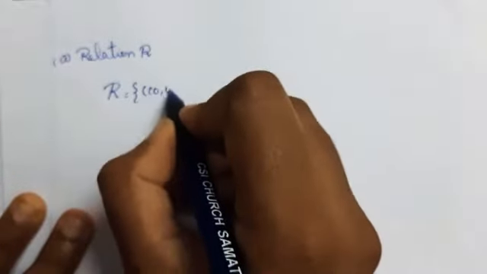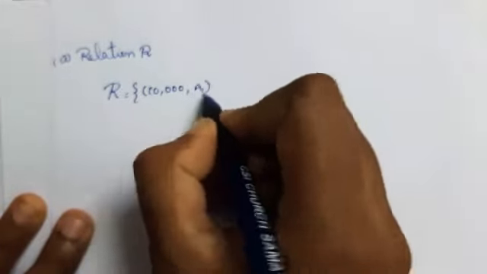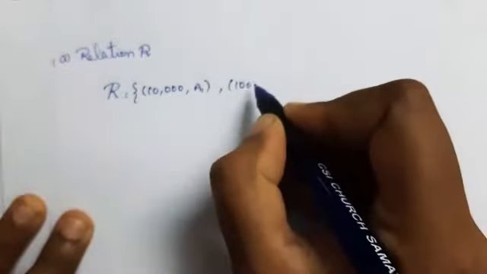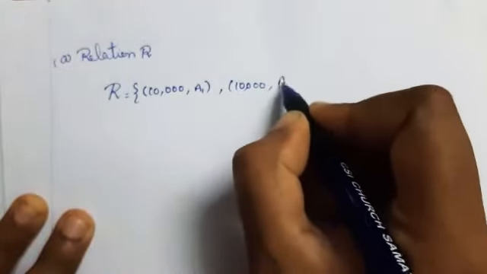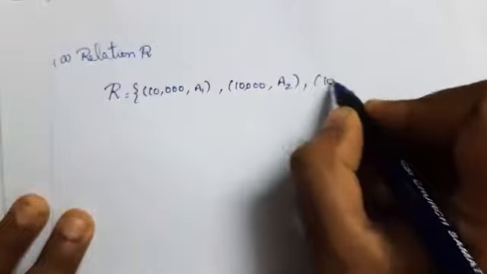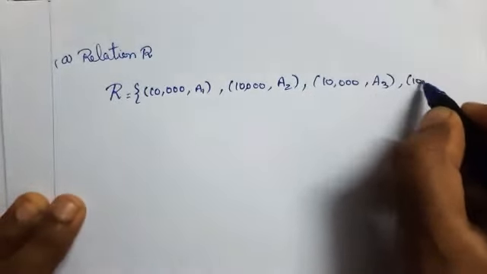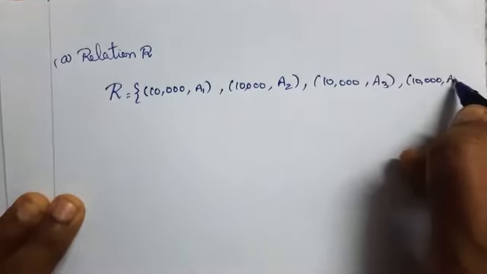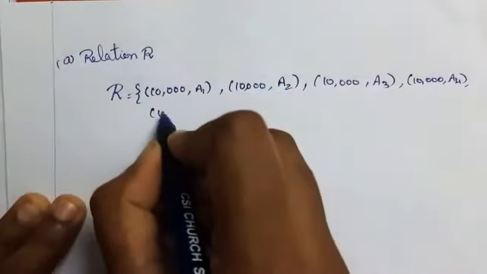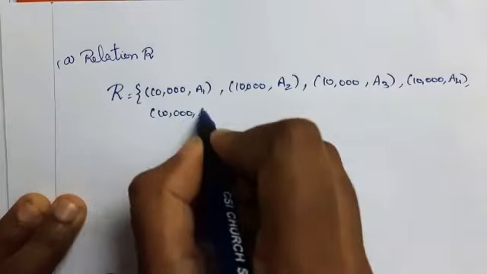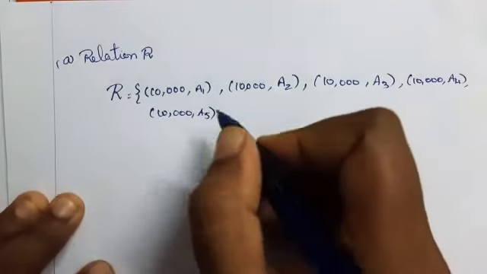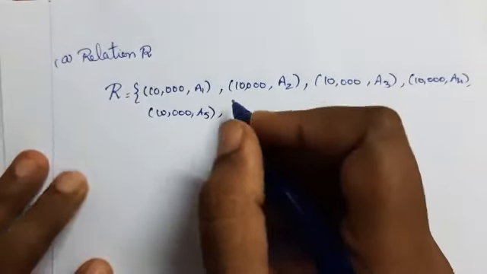Assistants 10,000, A1, 10,000, A2, 10,000, A3, 10,000, A4, 10,000, A5. Then the salary 25,000 for clerks.